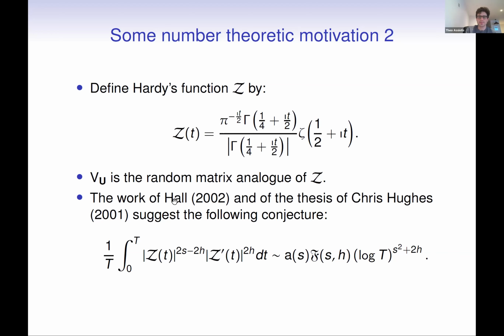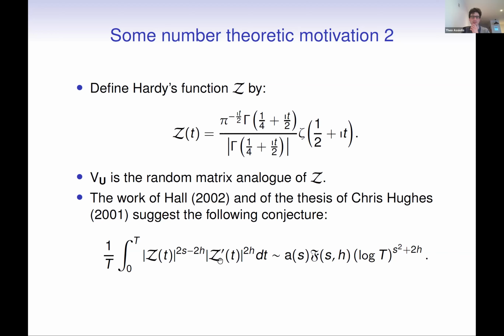And then work of Hall and the thesis of Chris Hughes suggested the following extension of the previous conjecture of Keating and Snaith: if we consider the joint moments, the moments of Hardy's function along with its derivative, we have two parameters s and h. If we take h equal to 0, we get back the moments of the absolute value of zeta.